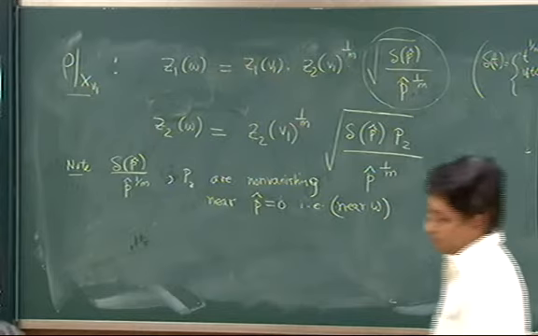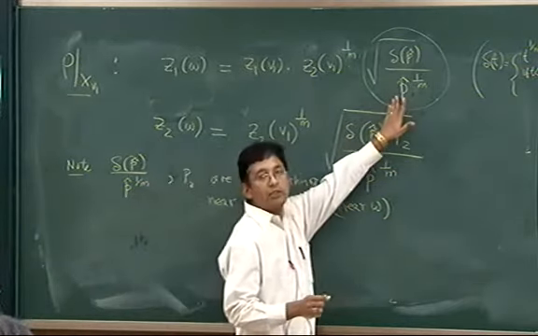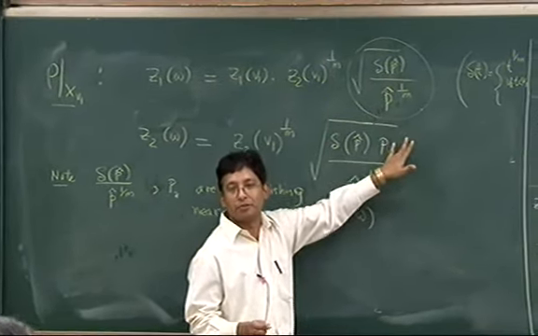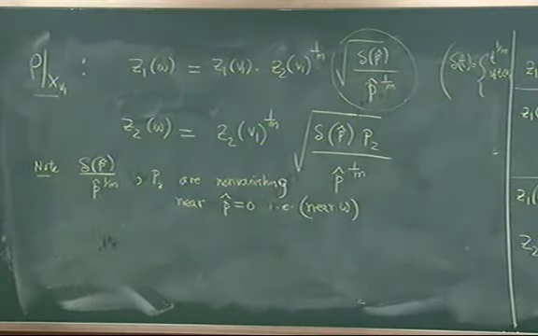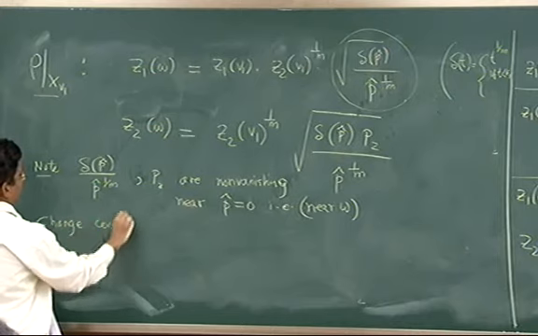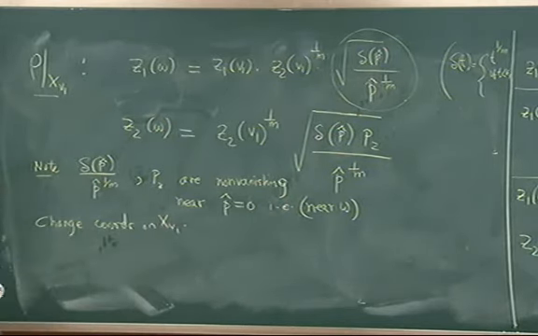Okay, now here, because these are non-vanishing C infinity functions, I can of course make a change of coordinates to get rid of this. So let me just give you the formula. So change coordinates on X(V1) as follows.